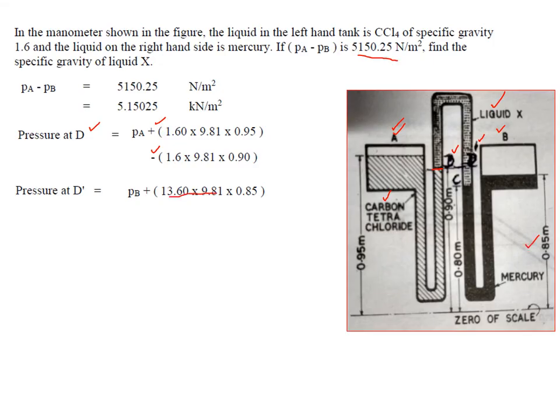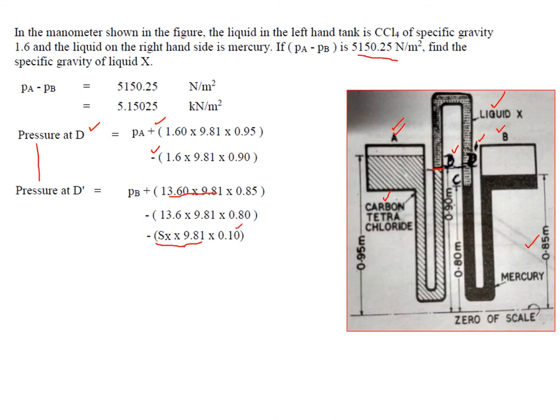Now we have to go up, but the liquid changes again, so only 0.8, so it is minus 13.6 into 9.81 into 0.8. What is remaining is 0.1, which is of the liquid of specific gravity X. So again you move up. Specific gravity of that liquid into 9.81 will give the specific weight. Multiply by 0.1, and then we obtain the pressure at D dash.